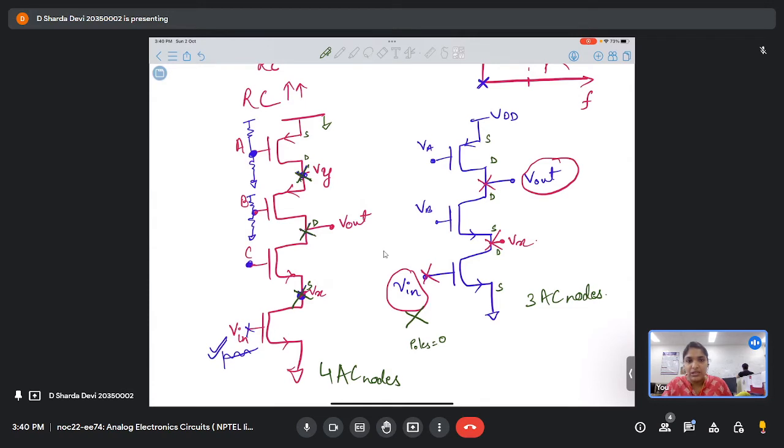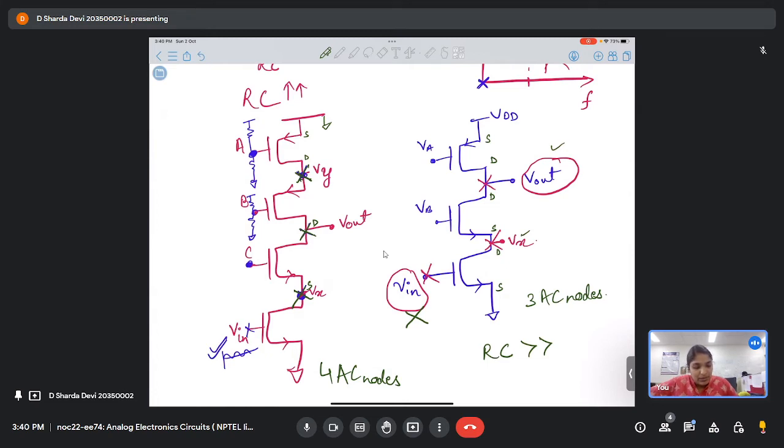So other than the input node, what are the next nodes and what will be their values? Depending on that, we'll figure out your dominant pole. For the dominant pole, the condition I told you is that your RC should be much higher. In this particular case, we are left with two nodes, that is Vx and Vout, right?